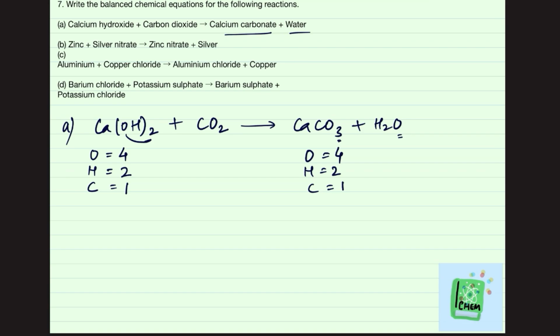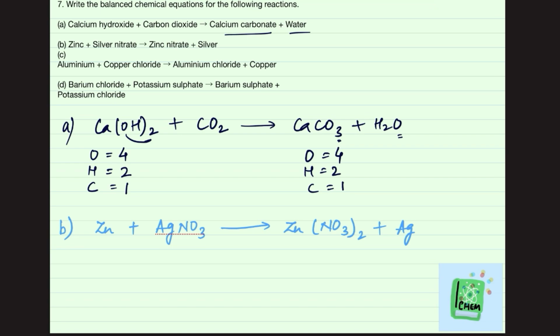Now the second reaction is zinc plus silver nitrate forming zinc nitrate plus silver. अब इस रिएक्शन में number of zinc atoms on both the sides, that is reactant and product side, is 1.